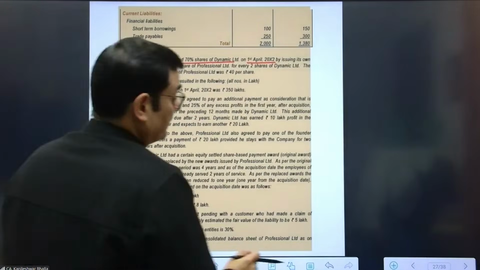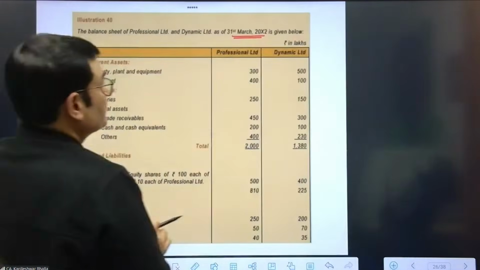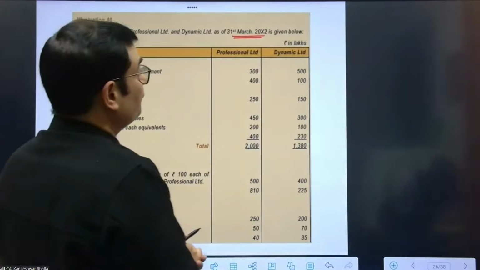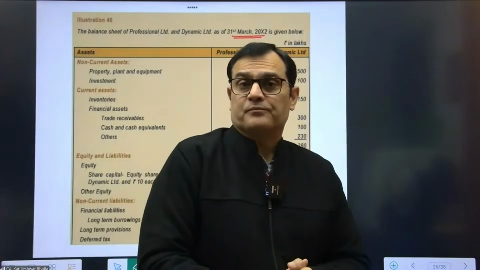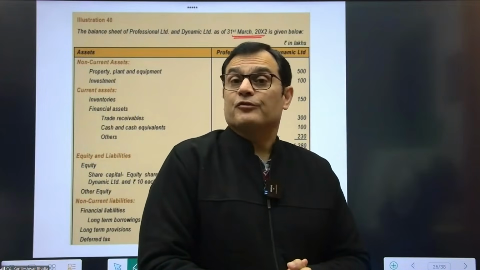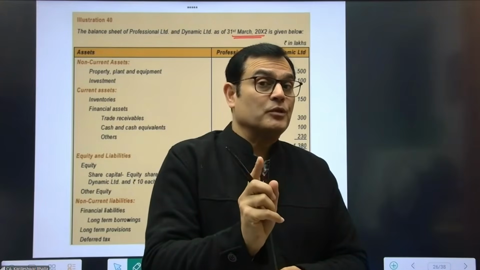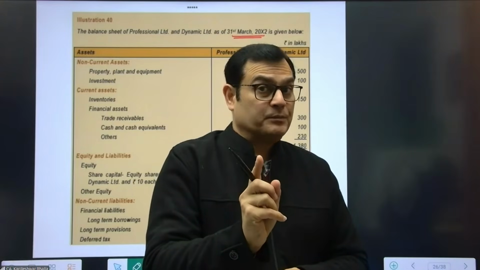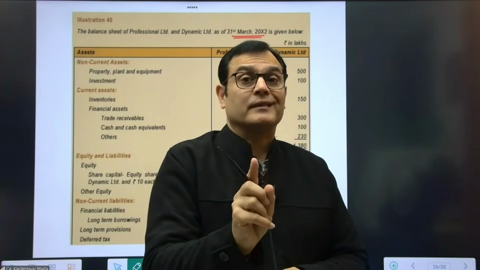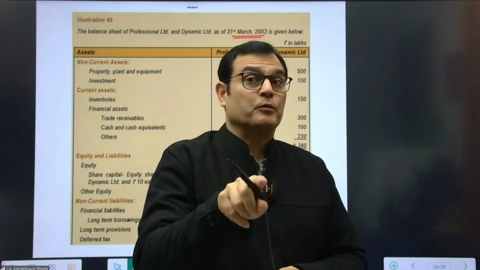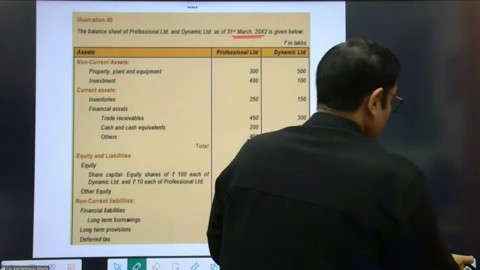Now, the only thing you need to be careful about is that this is the balance sheet on 31st March X2. And we acquired the shares on 1st April X2, which means this balance sheet would not contain any investments which Professional made in Dynamic.